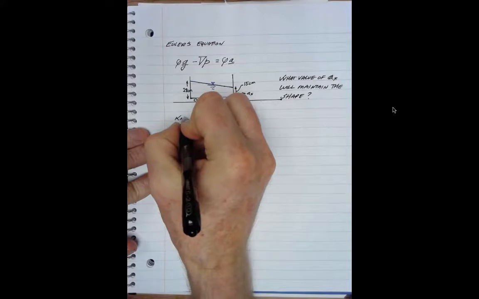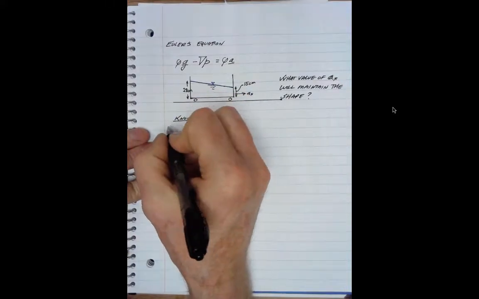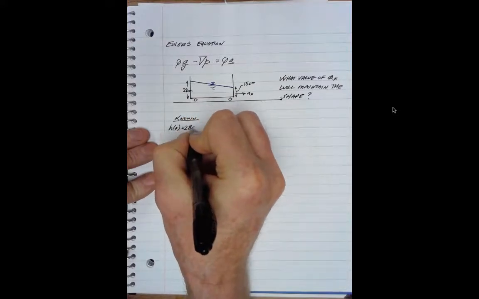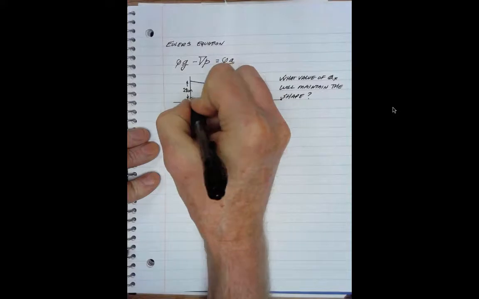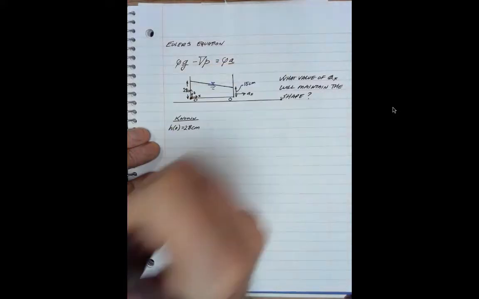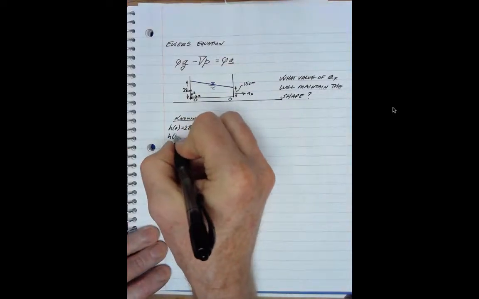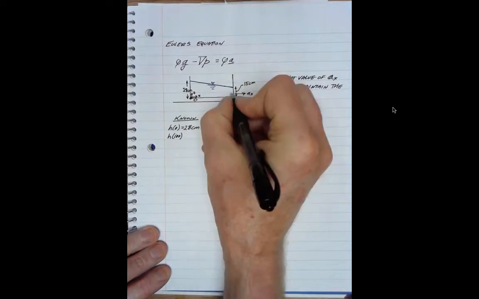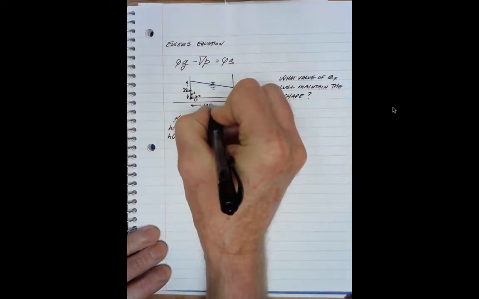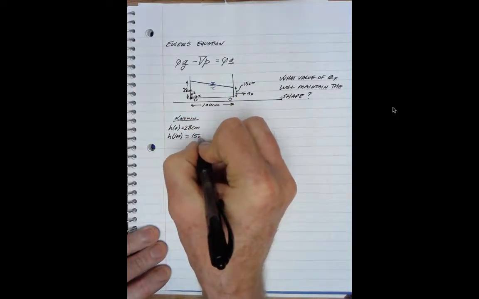Let's see what we have known. We know that the depth at position 0 is 28 centimeters, so we're going to call this our origin. We're going to measure x that way, and we'll measure z that way. The depth at 100 units away, I guess I need to tell you that this is a 100 centimeter long cart, is 15 centimeters.